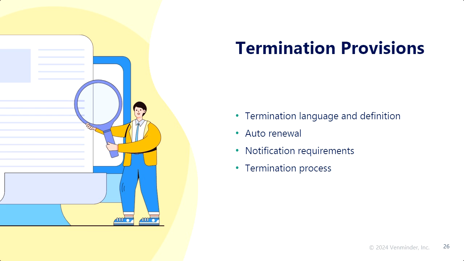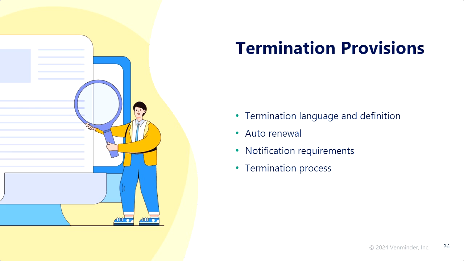Notification requirements, having it clear as to what the notification requirements are, the time period around it, where the notification is going, having that tracked so that you are monitoring on a regular basis. That notification time period and the requirements around it is so critical to ensure that a termination is not missed. And then that termination process. What happens with the termination?